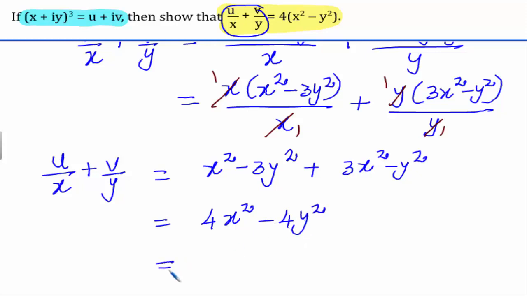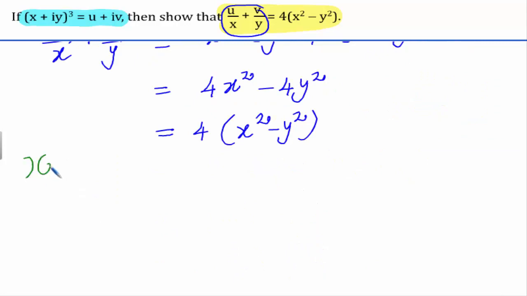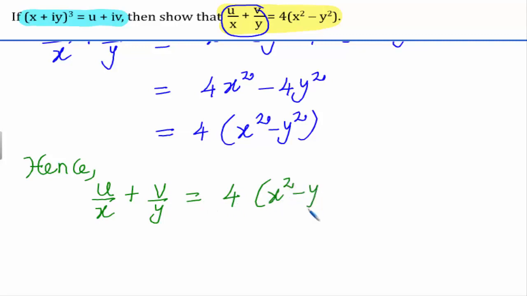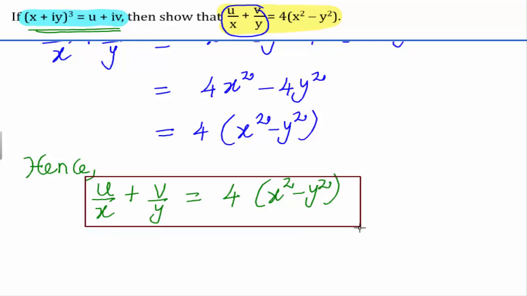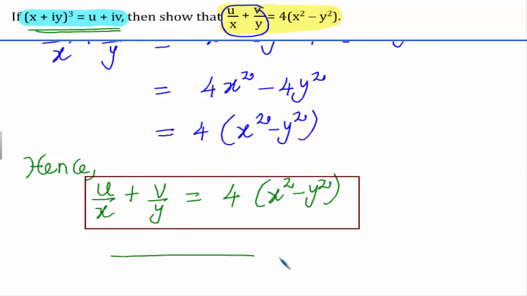If we take 4 common, we get 4 multiplied by (x² − y²). Hence, we have proved that u/x + v/y is equal to 4 multiplied by (x² − y²) if (x + iy)³ is equal to u + iv. This completes the solution.